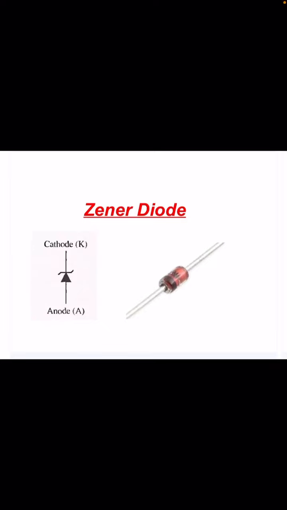So just like PN junction diode, its symbol is just bent in the form of a Z. If you rotate it and see it, you can see a Z. So Z for Zener.